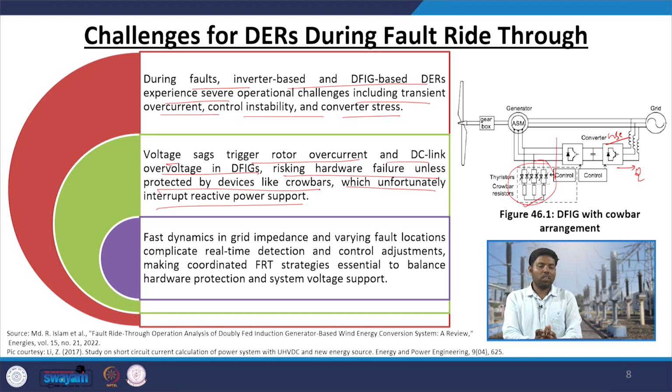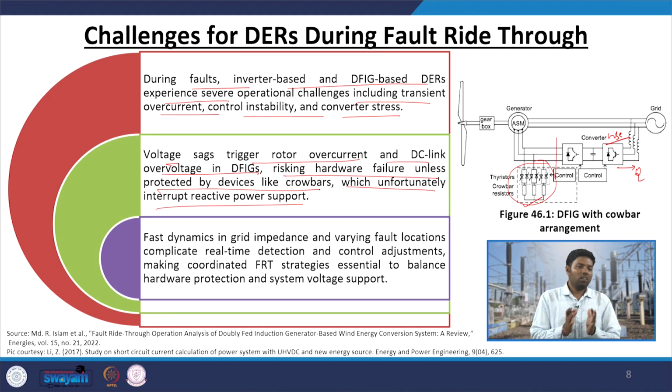It is just protecting the rotor of the DFIG. It is not supporting the system to overcome the fault. Fast dynamics in grid impedance and varying fault locations complicate real time detection and control adjustment, making coordinated FRT strategies essential to balance hardware protection and system voltage support.